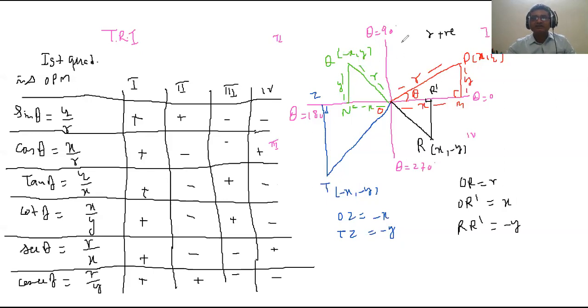So what we can see is that here all the signs are positive. While in the second quadrant, only sine is positive, the rest are negative.